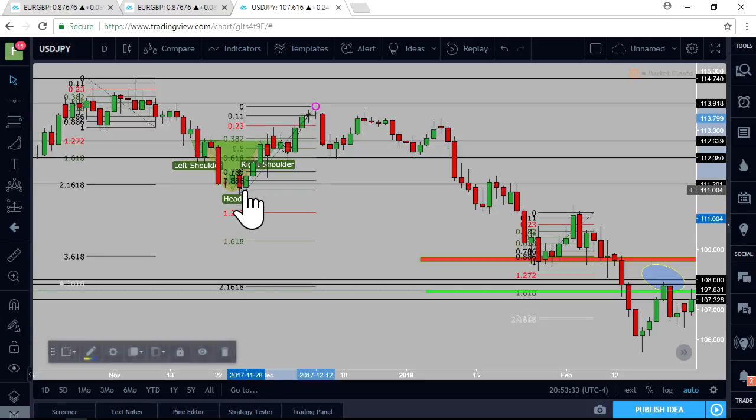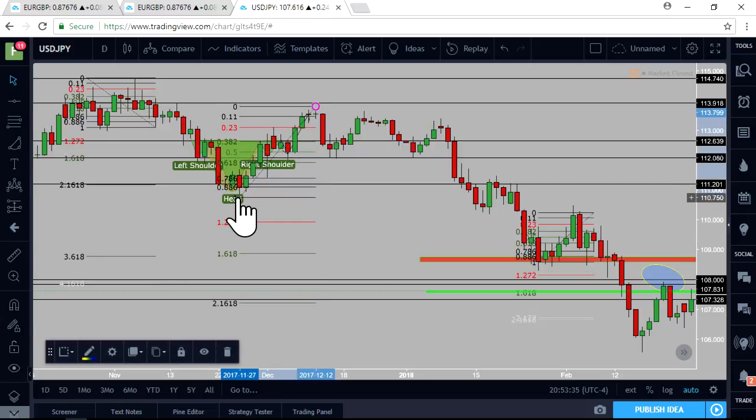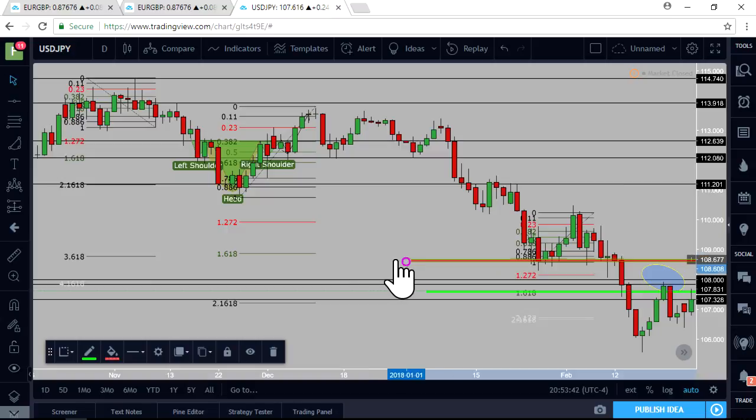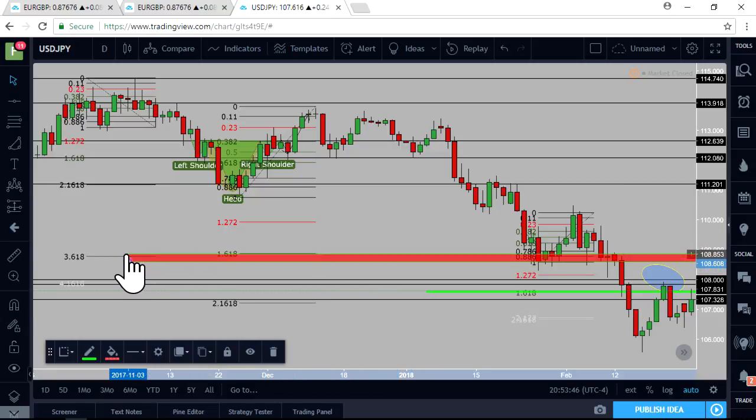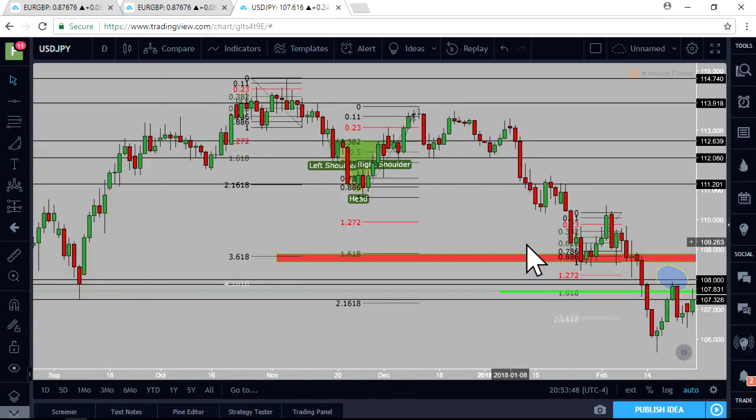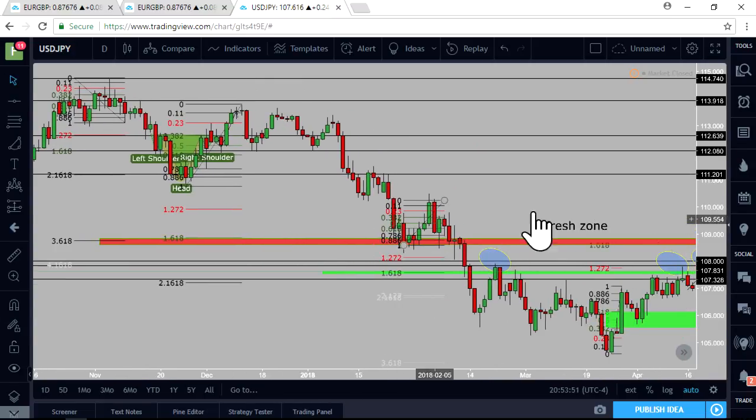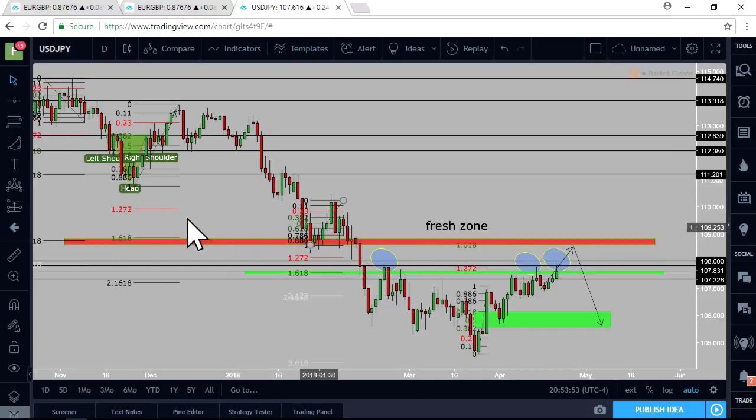Isn't that 618? Let me bring it down just a little bit right on that wick. Isn't that 618 drawing it from here to here, right on this level right here? Right where we want the market to go. So when we look at this, that's a fresh zone.